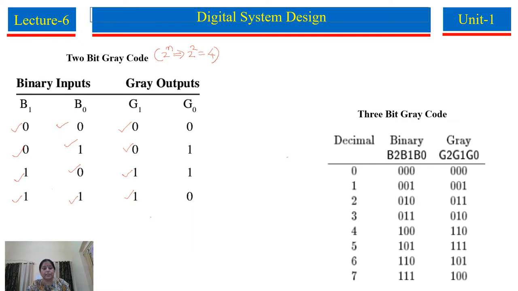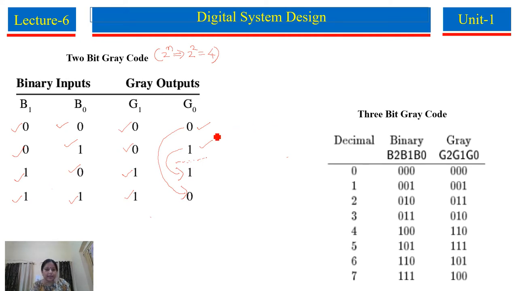So first we write two 0s, two 1s, then 2 divided by 2, single 0, single 1, and after that we make a mirror image. So this 1 goes right here and this 0 goes right here. That's why gray code is also known as unit distance code.